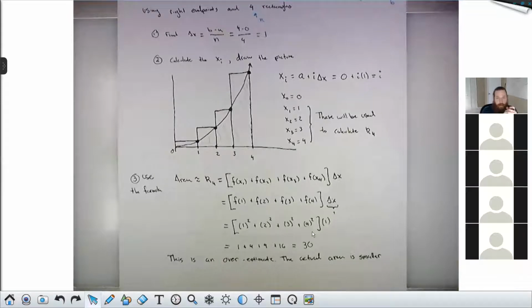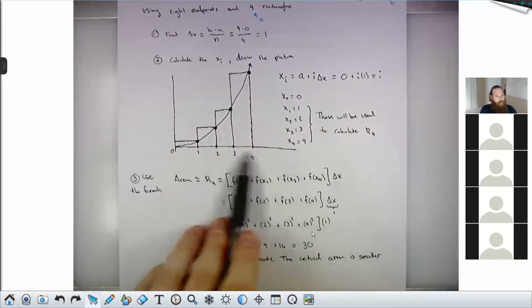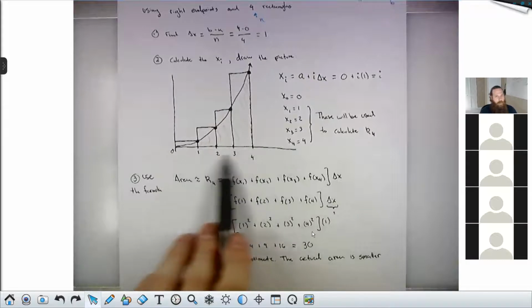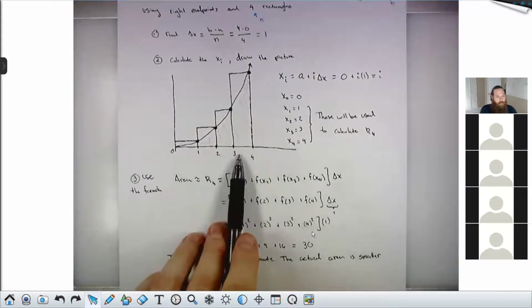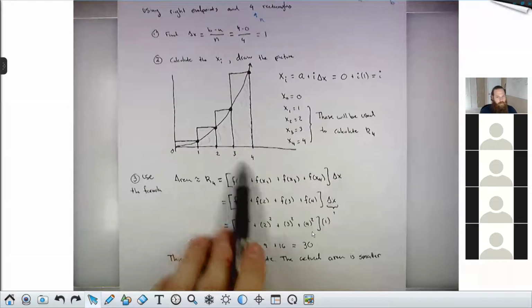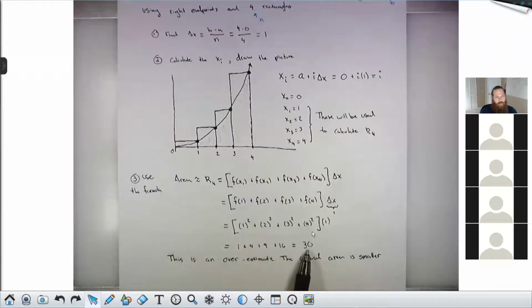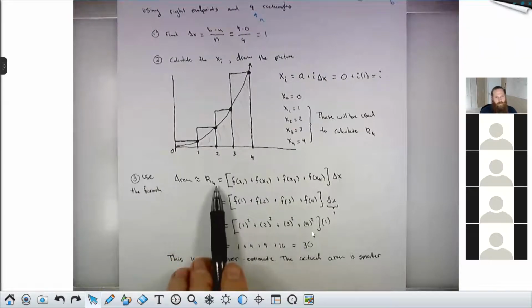I'll teach you how to find the actual area eventually, but first we need to get good at this approximation, because what we're going to do is take a limit and use more and more and more rectangles. So we'll need to find a way to come up with a nice formula for this answer as a function of the number of rectangles you're using.